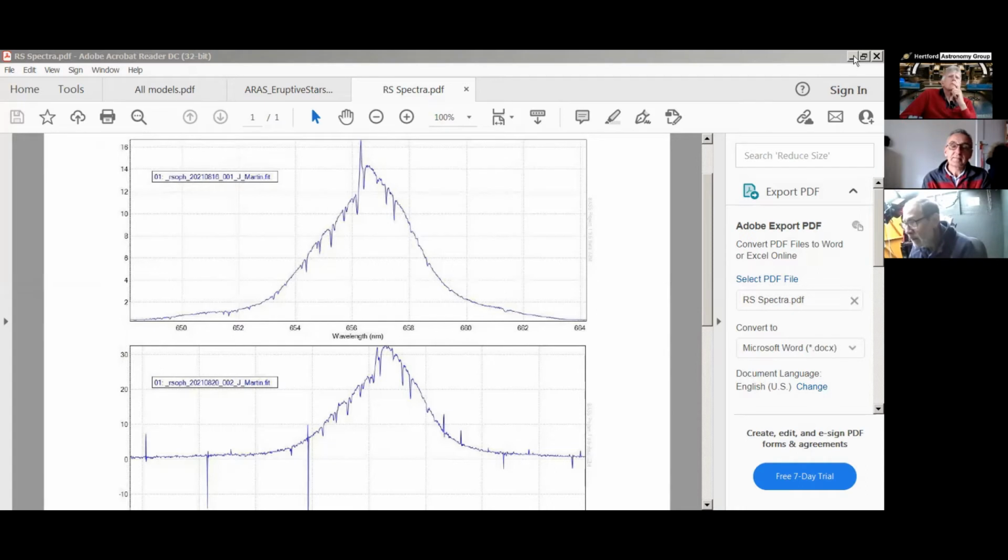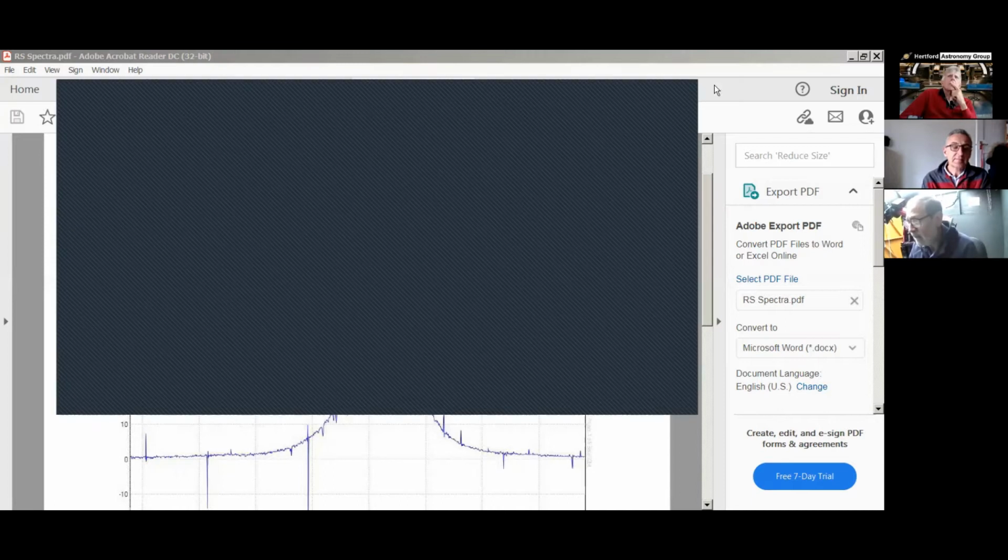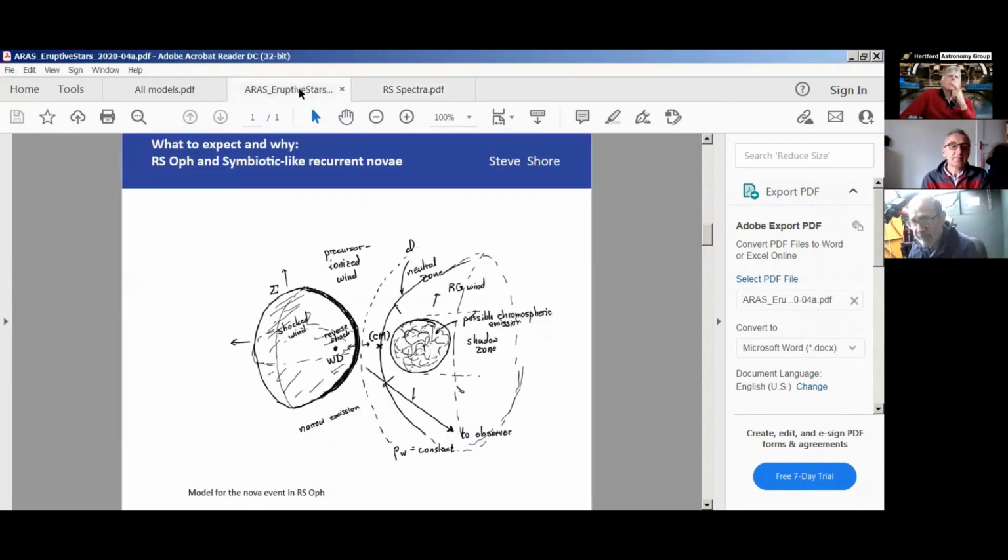Now, what else can I show you? Can you see that? Yeah. This is by Professor Steve Shaw, a schematic representation of what to expect and why.